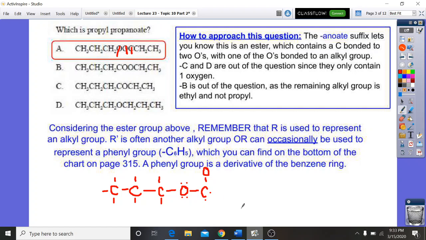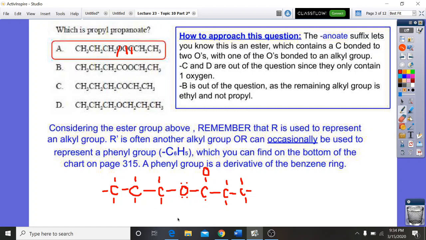Now I'm back to CH2. It must go to another CH2, and then CH3. Now obviously there's something weird here, right?